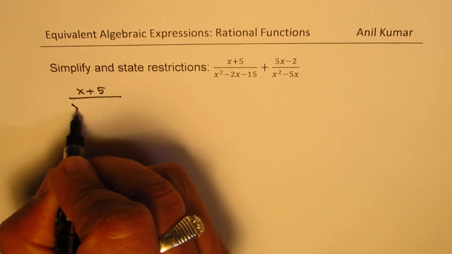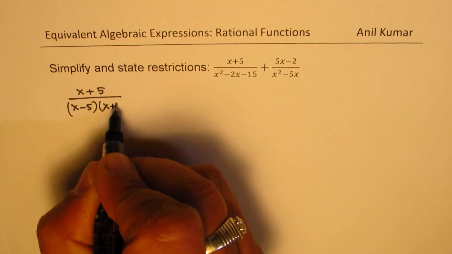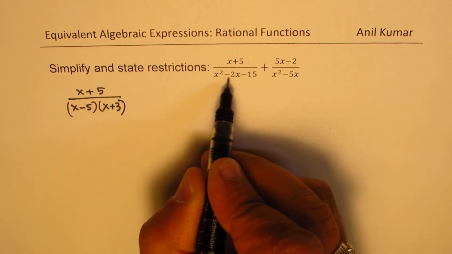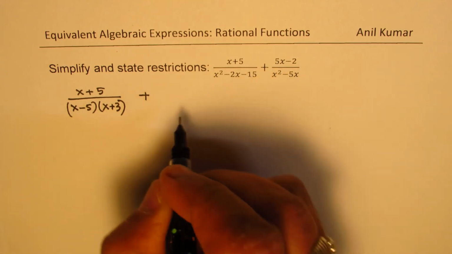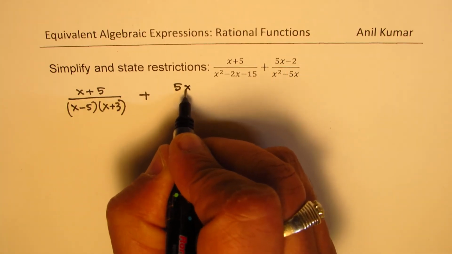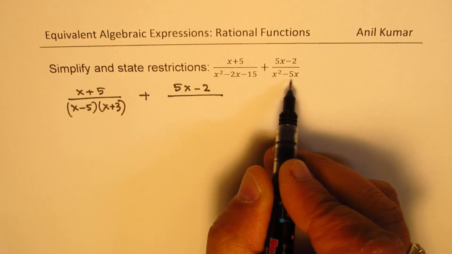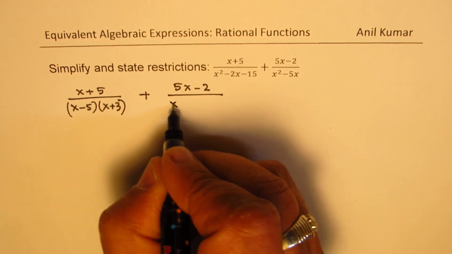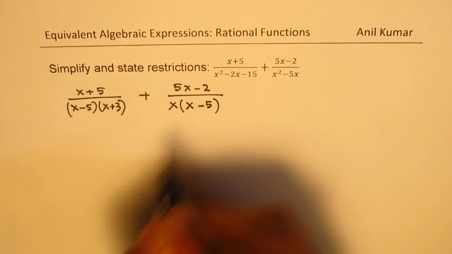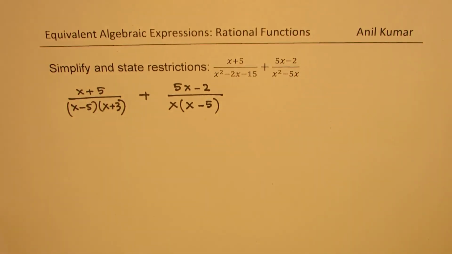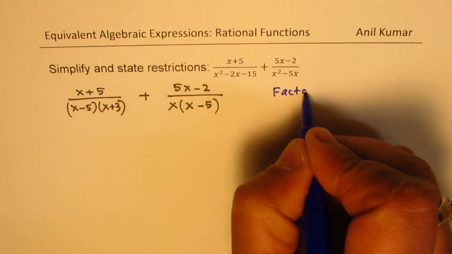Negative means we have to use x minus 5 times x plus 3. So that will give us negative 2x, right? Plus 5x minus 2. So the numerator 5x minus 2, denominator x square minus 5x. X is common, so we'll take x common and we get x minus 5 in our denominator, right? So the first step normally will be to factor.